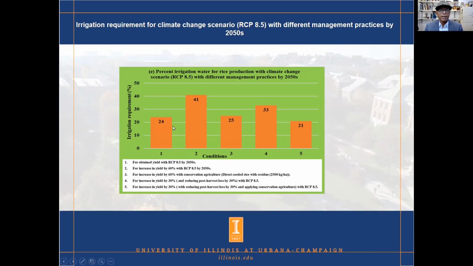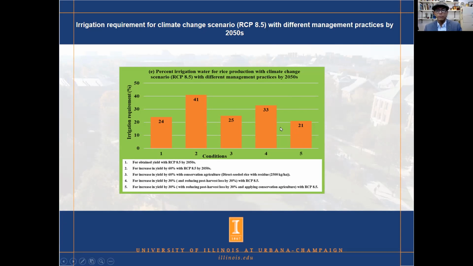irrigation, very high. But if we do water conservation, if we do direct seeding, if we do residue management, if we change some of the phenological days and other not too difficult practices to change, we can grow rice not only for current yield, but a 60% increase in yield production with only 21% irrigation requirement compared to 24 or 41%.